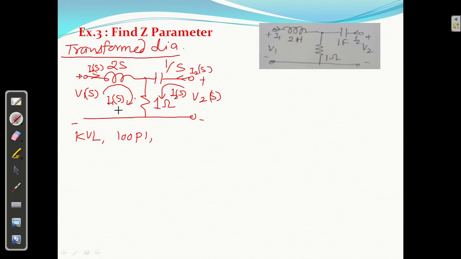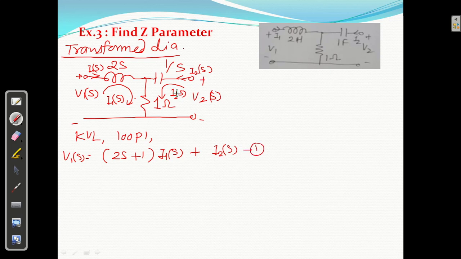Where is I1 flowing? In 1 plus 2S. So 2S plus 1 into I1 of S. At the same time in this loop, I2 is also there, so plus I2 of S into 1, equal to V1 of S. This is equation number 1.